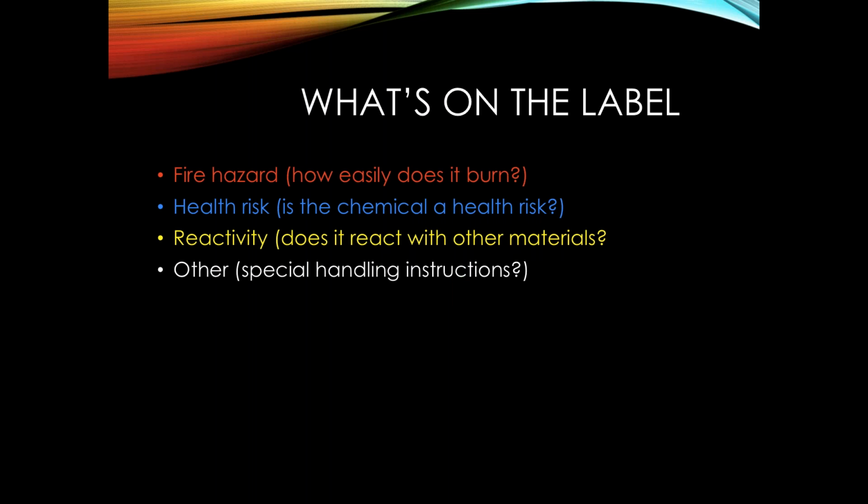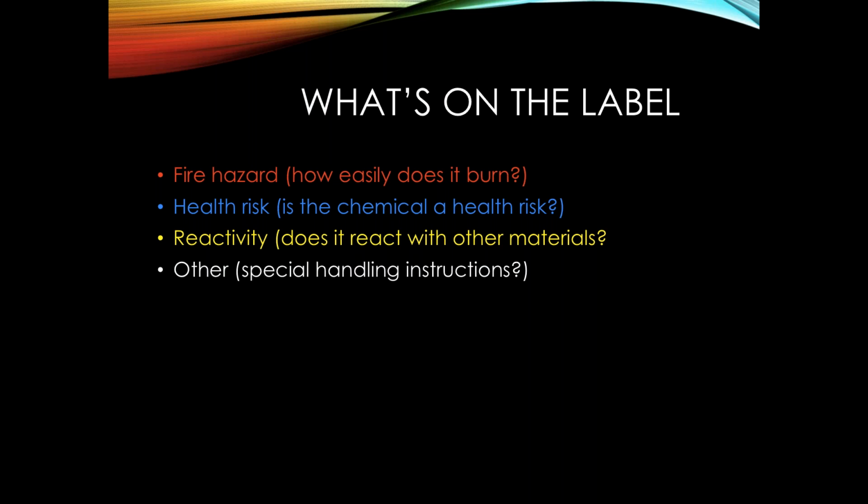So what would you find on a label? Well, if you notice, there are 4 different colors: red, blue, yellow, and white. Each one of those is an indication of what kind of hazard or risk you may find with a chemical that you're coming in contact with. Red would be the fire hazard and how easily it burns, from spontaneously combustible, to it takes a lot to burn, to it will not ignite.